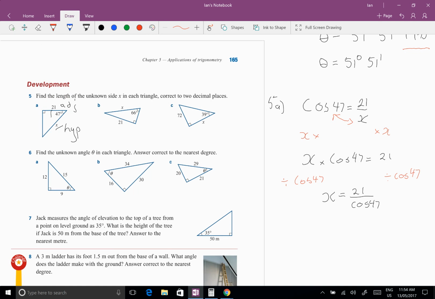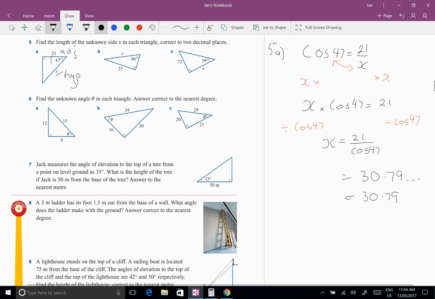And now it's really easy because these are both numbers. I just enter that into my calculator. And I go 21 divided by cos 47, and I get 30.79... And they want it to 2 decimal places, which is 30.79. And they don't give me any units. And I look at 5A, and that's right.